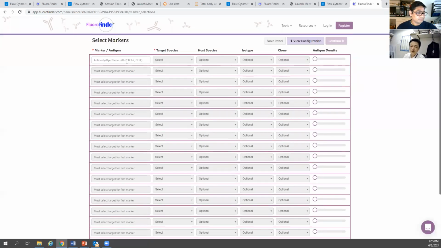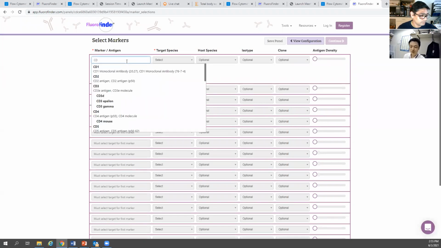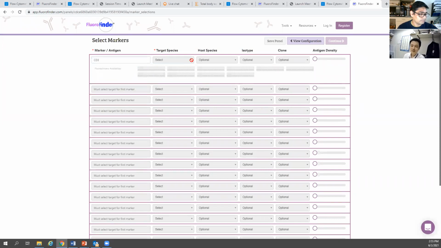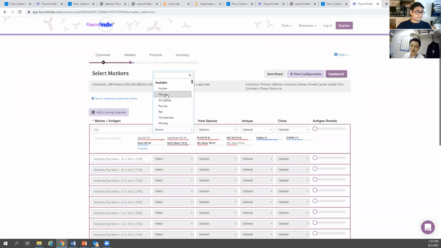So here are the options. For example, you can type any markers you are going to measure, for example CD3. Then you can choose either human or mouse options.